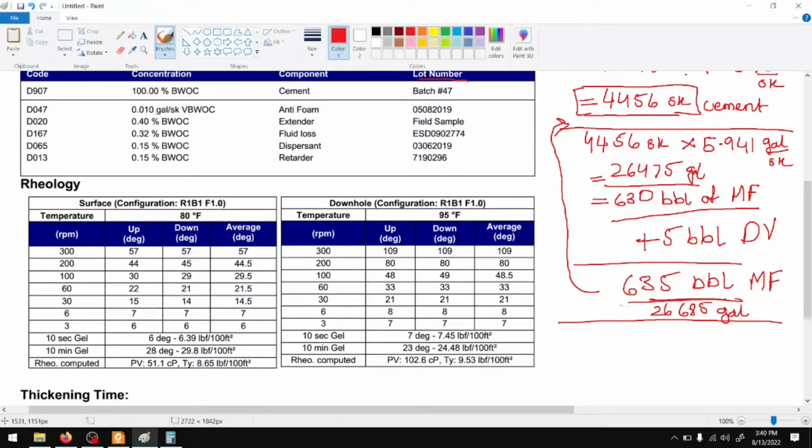This is simply being converted. Just multiply that by 42.